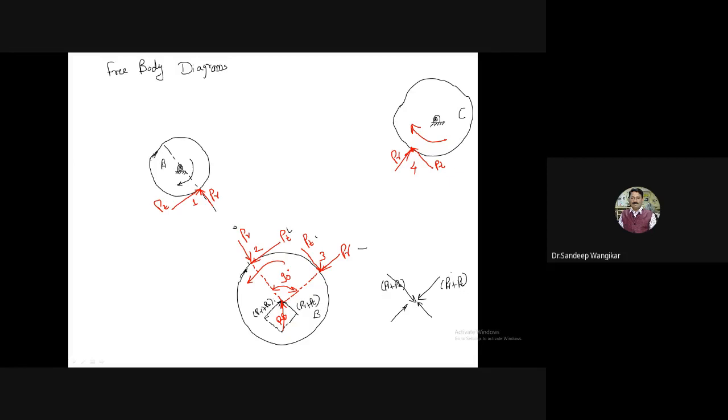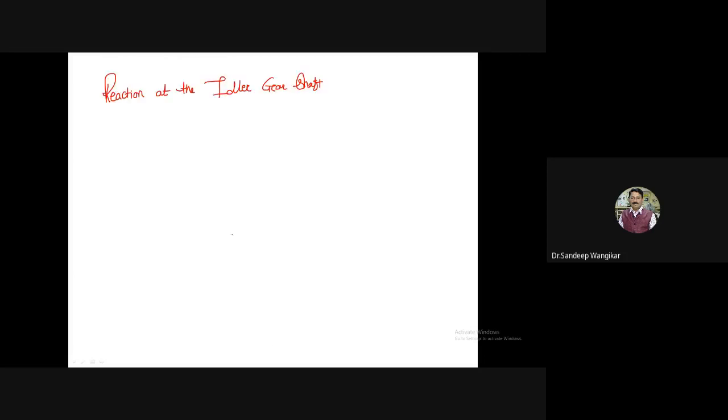The load at the center of the shaft will be PT plus PR and PT plus PR, so the reactions will be the same. These are two reactions, PR plus PT and PR plus PT, and the net reaction on the idler shaft is given by RB equal to the square root of (PR plus PT) square plus (PR plus PT) square.